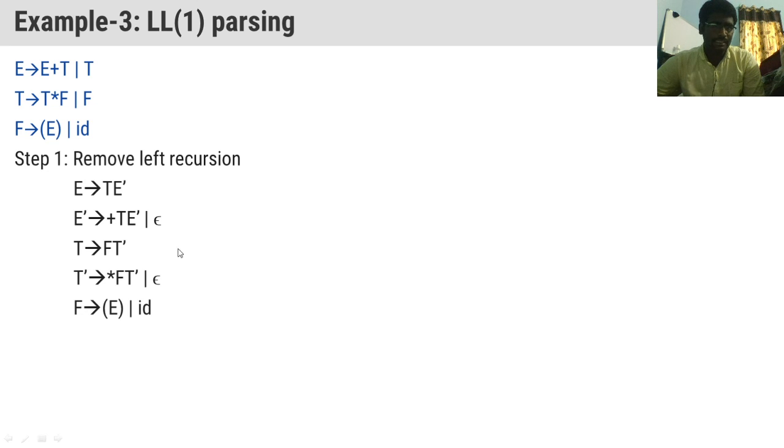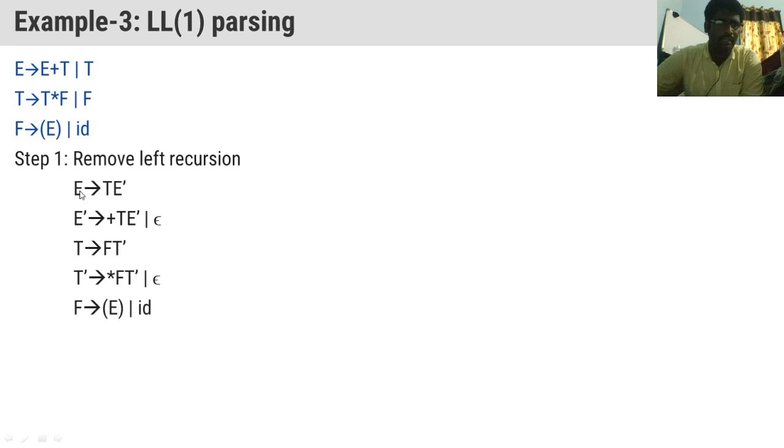Now you find out the first sets from this grammar. We will take all the non-terminals for finding out the first sets. As I told you, we will find out first sets only for the non-terminals. What are the non-terminals we are having?